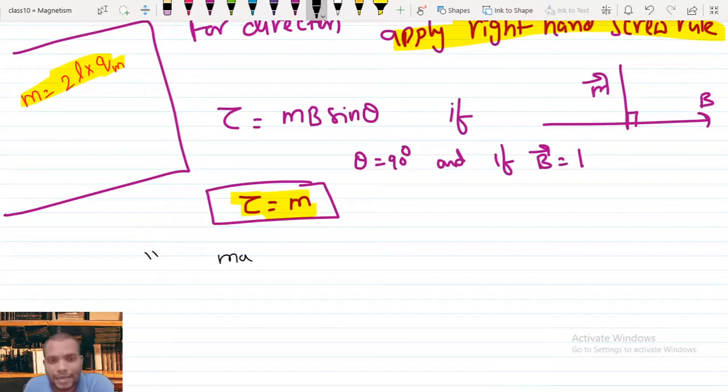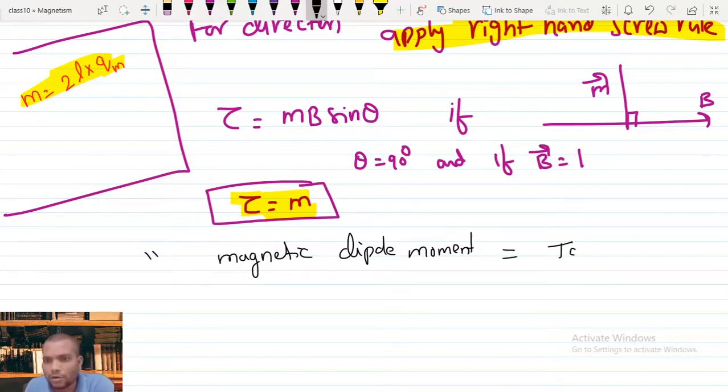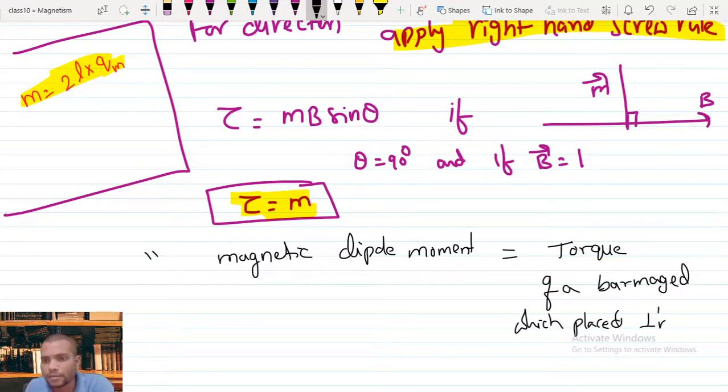So magnetic dipole moment is equal to the torque of a bar magnet placed perpendicular in a unit magnetic field.